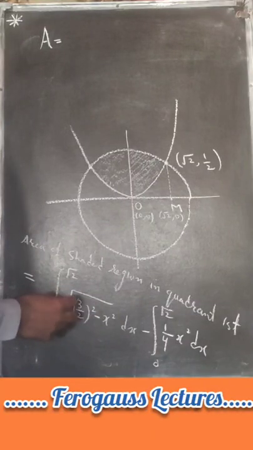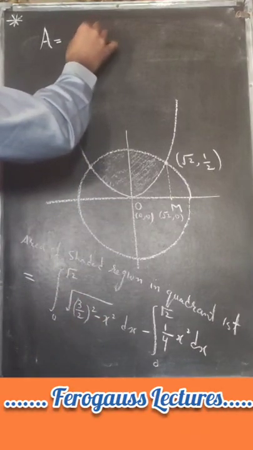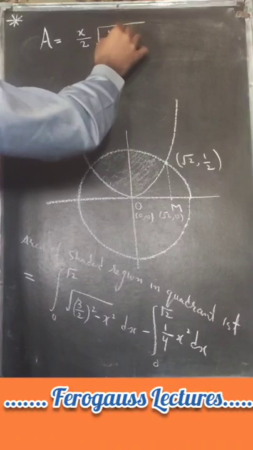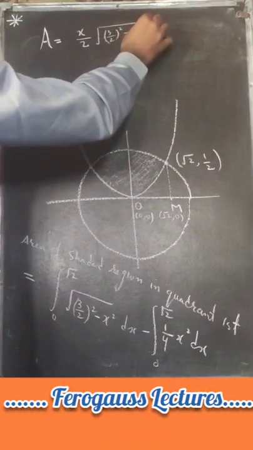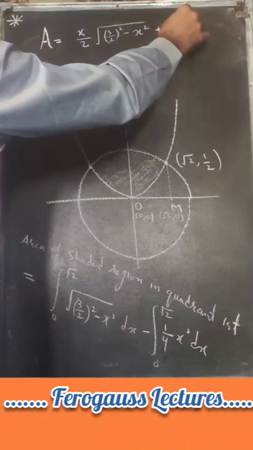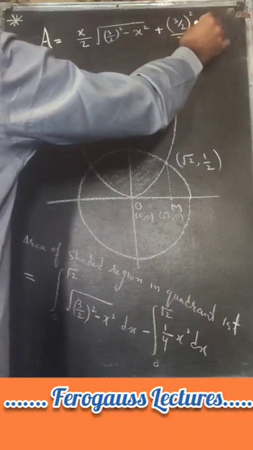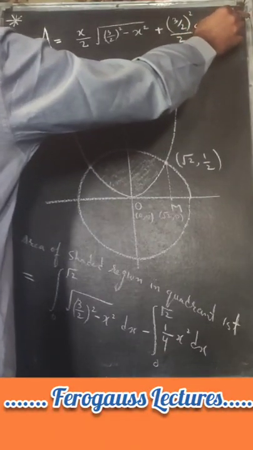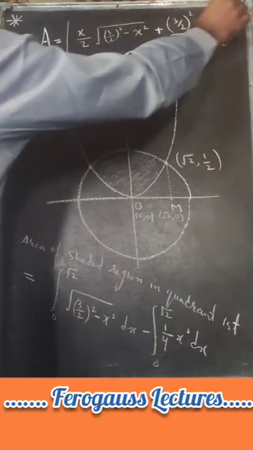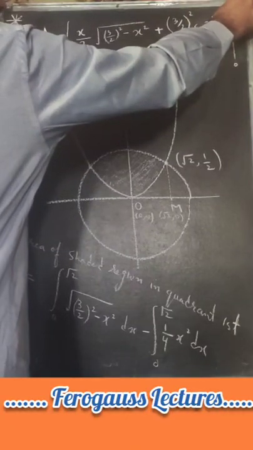It is of the form square root of a² minus x², and that is equal to x by 2 times square root of (3/2)² minus x², plus a², that is (3/2)², divided by 2, sine inverse of x by a, that is x by 3/2, and the limits are from 0 to root 2.